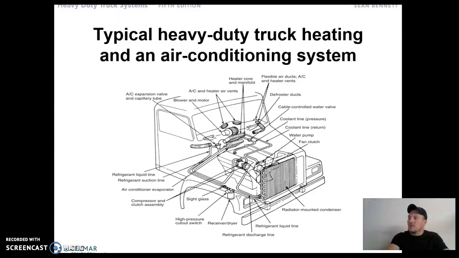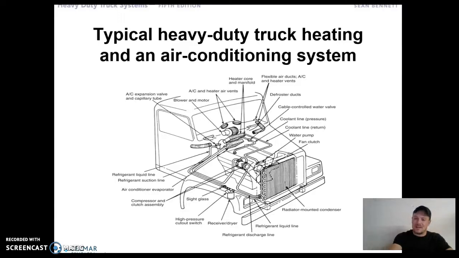But anyway, at this point we have a very small metering orifice, and that orifice opening and closing is what creates a lower pressure on the output side because only a little bit is allowed to get through. So we end up with a very low pressure on the backside of this metering valve, which creates a very big temperature differential.